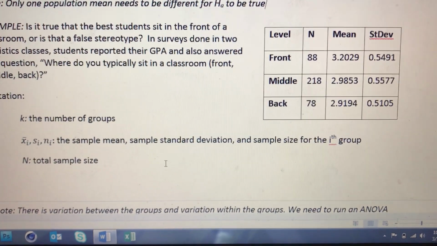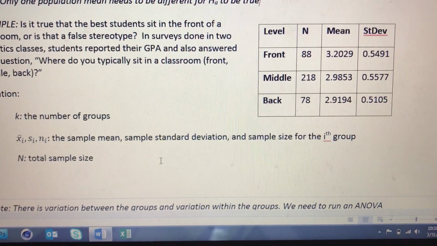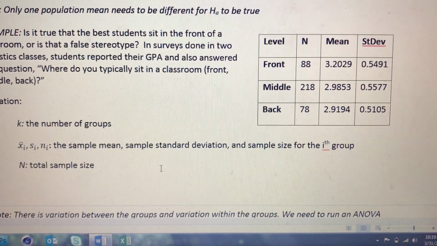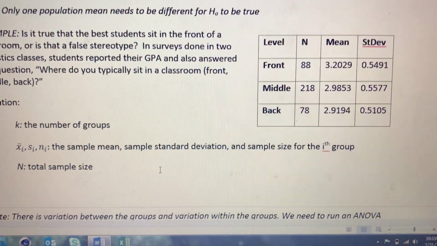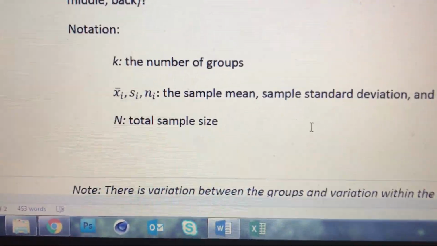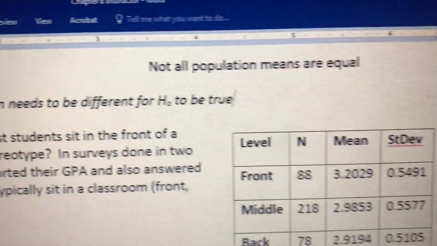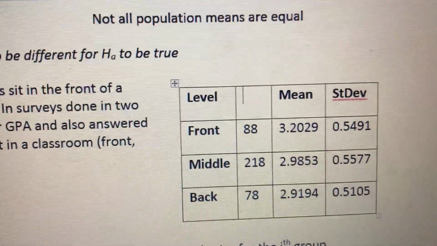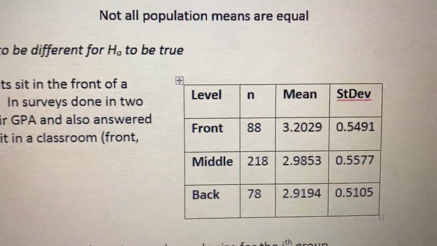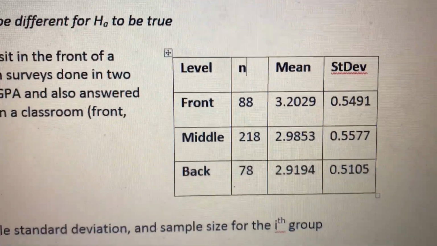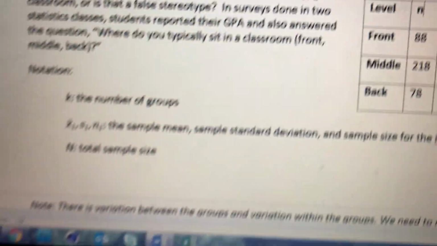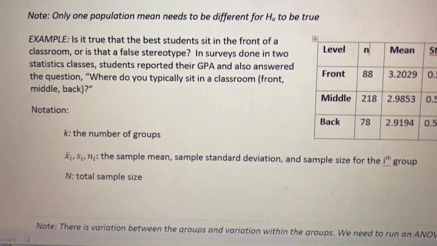What I mean by that: X1 bar is the sample mean for group 1, n2 is the sample size for group 2, and S3 is the sample standard deviation for group 3. Big letter N is our total sample size, which means SPSS is technically wrong in what they use, and we should change that to a little letter n because these are individual group sample sizes. But big letter N will be the total number of students regardless of where you sit.